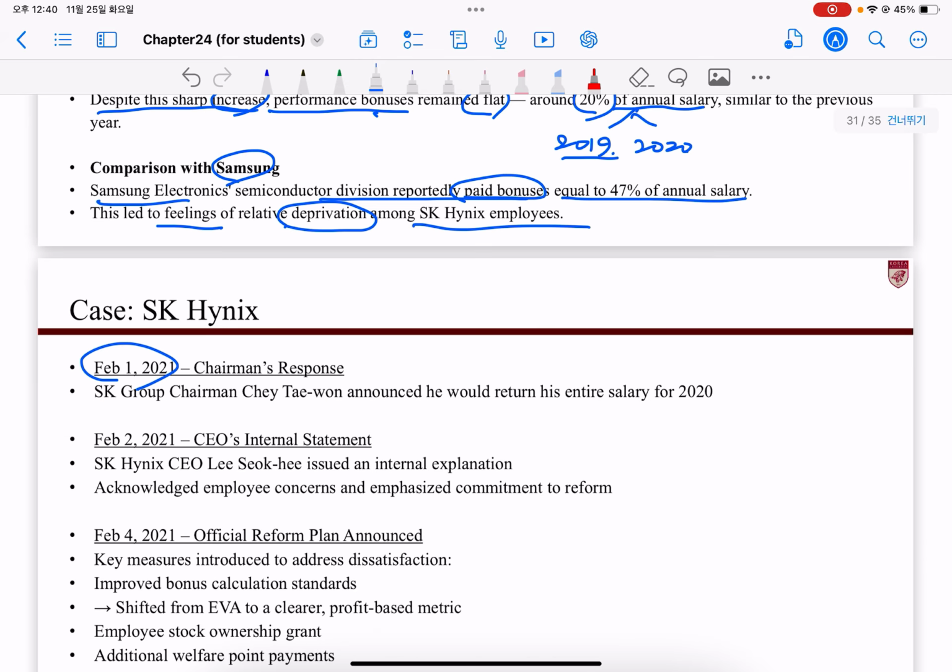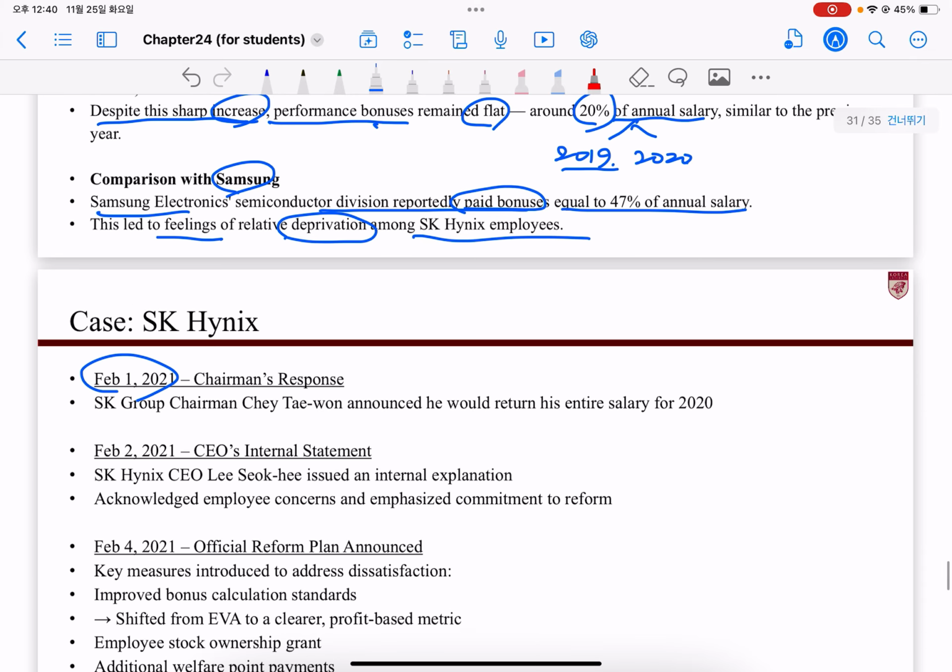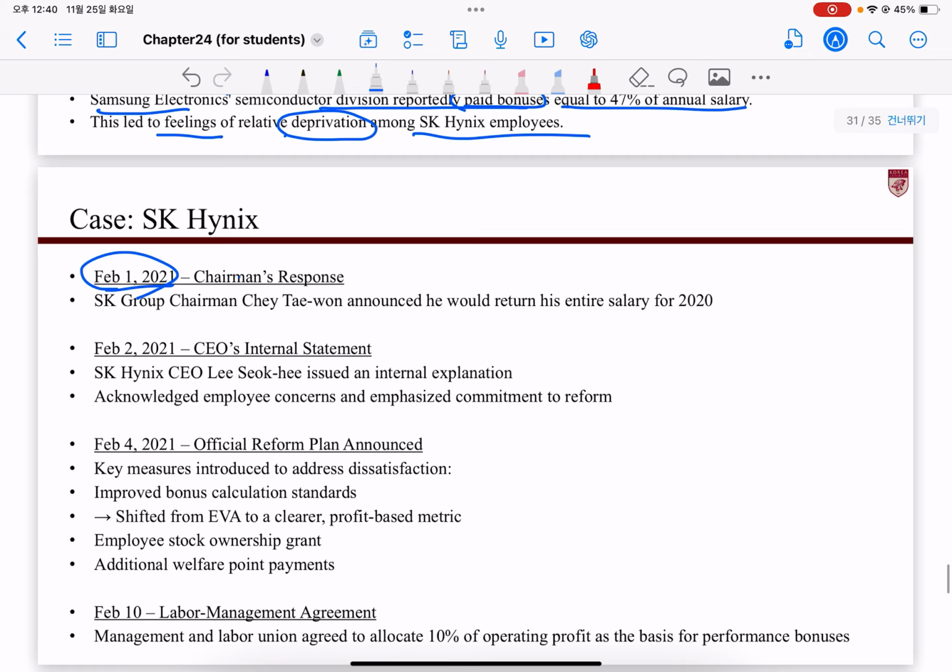So before February 1st, the employee sent that company-wide email, and then a few days later, the chairman, Choi Tae-won, announced that he would return all the salary for 2020 to mitigate the concern and some dissatisfaction among employees.